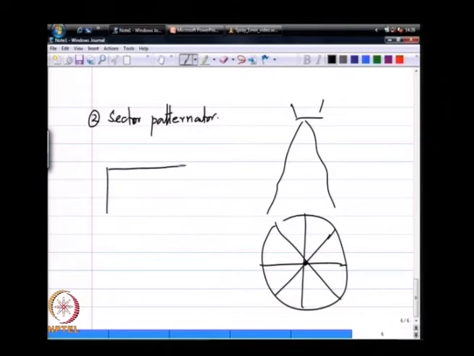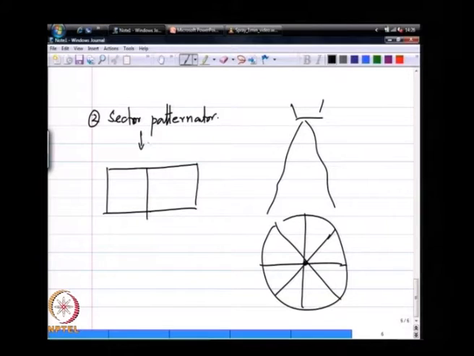So, typically this is the patternator with the top view shown here, and each sector drains into one test tube.